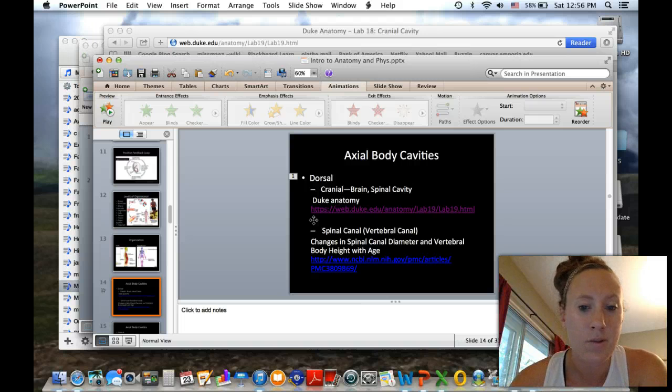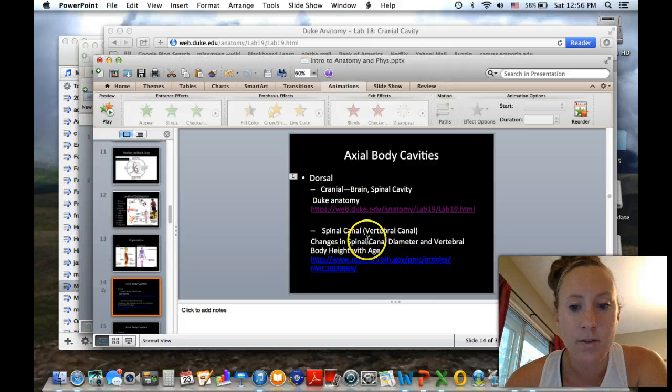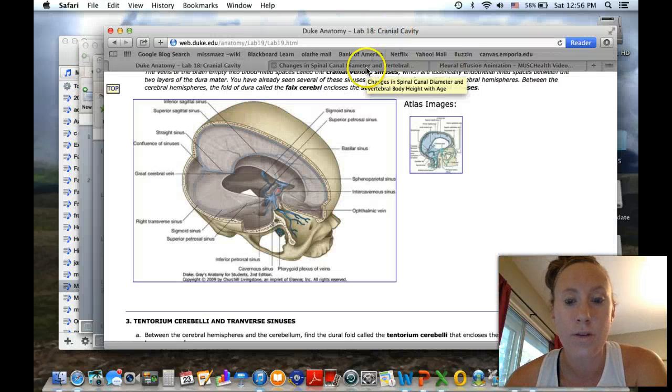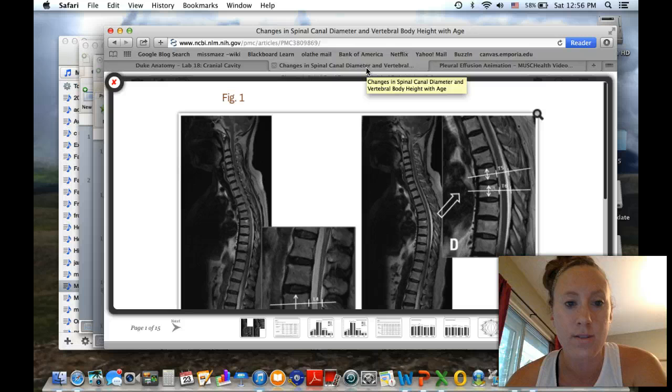Okay, so that's cranial. Now, we're inside the axial body cavities. We're talking about the dorsal body cavities, and that was the cranial. Now we're going to talk about spinal. This contains your spinal cord. There is an article, Changes in Spinal Canal Diameter and Vertebral Body Height with Age. If you go to the National Institute of Health website, nih.gov, there are some amazing articles.